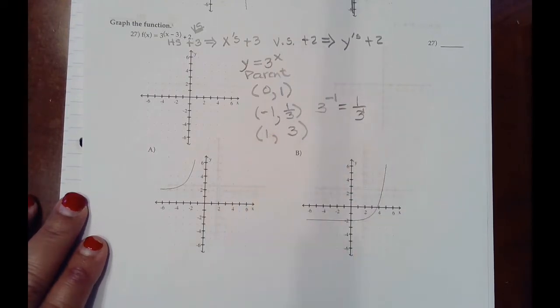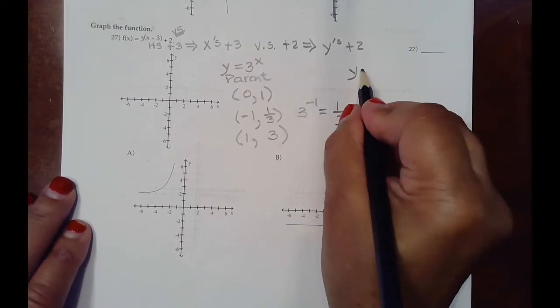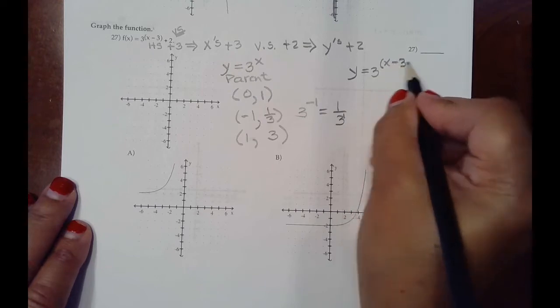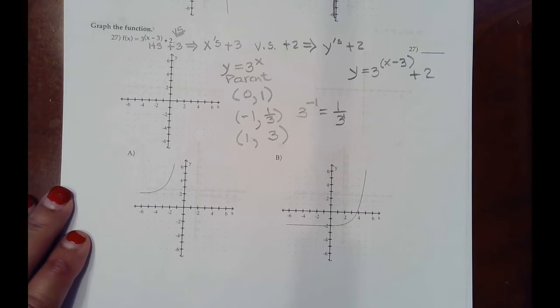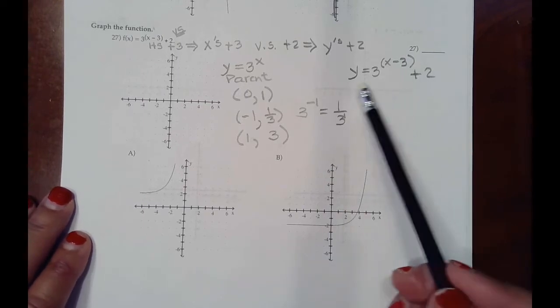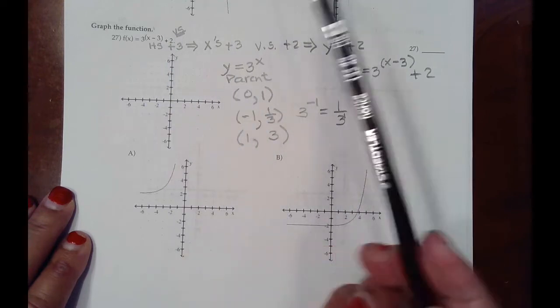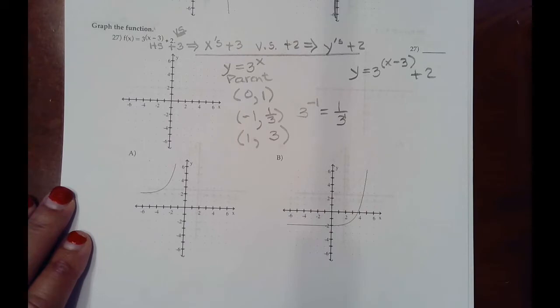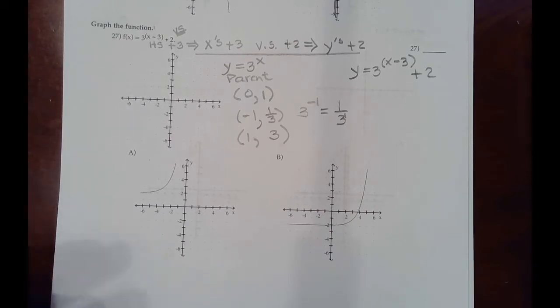And with these basic points, you can also get the new graph. Y is equal to 3 to the x minus 3. You don't need to plug into this. It's not like it would be really hard, but it'd be a lot more work than just realizing, hey, if I know how to read the commands, which is what we were talking about right here, then I know what simple moves to do to either the x's or the y's or both.